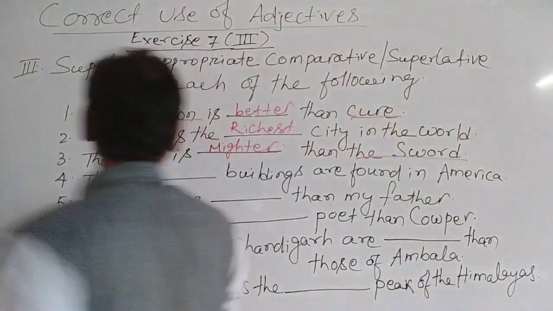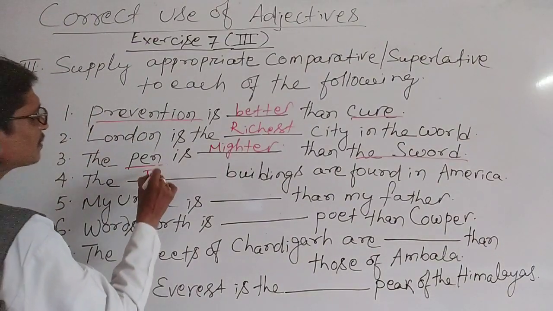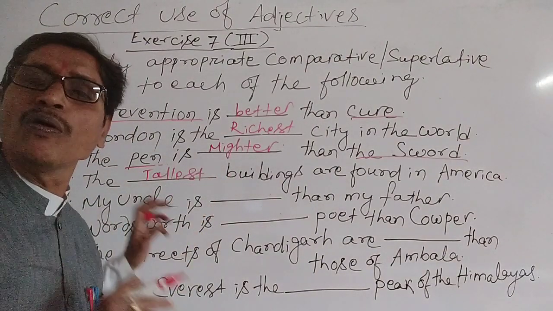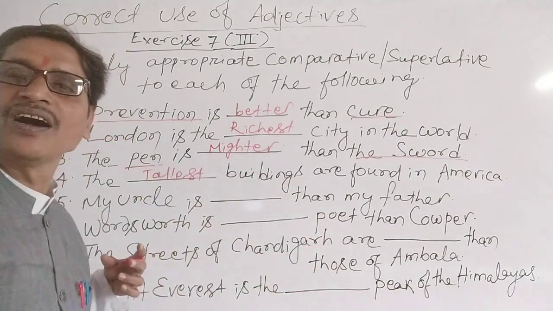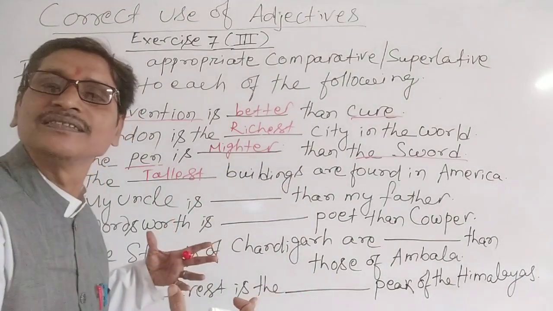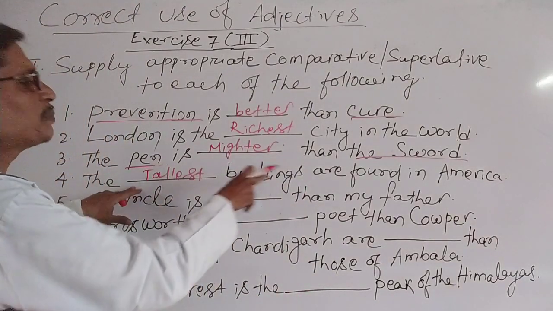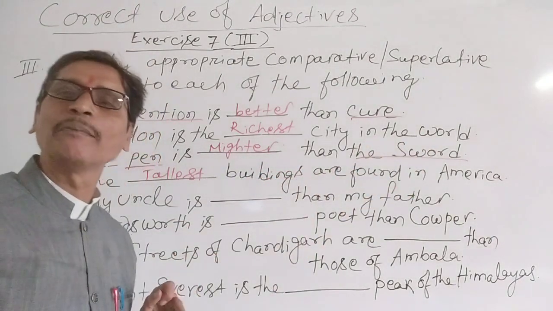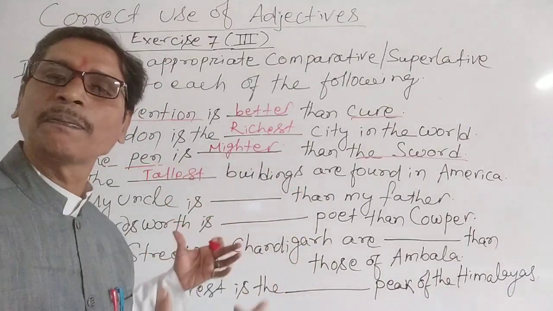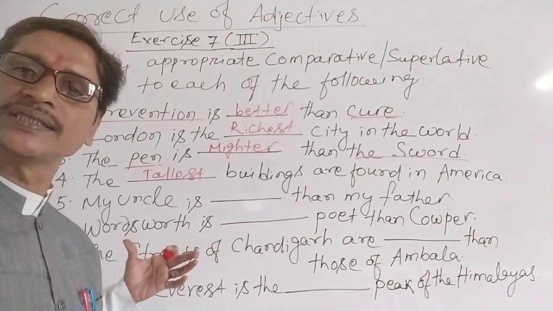So here we can say the tallest buildings, or the most beautiful buildings, or the richest buildings. The tallest buildings are found in America, or we can say the most beautiful buildings are found in America as well.